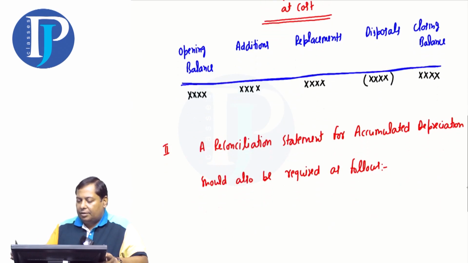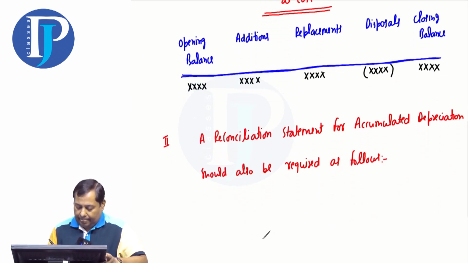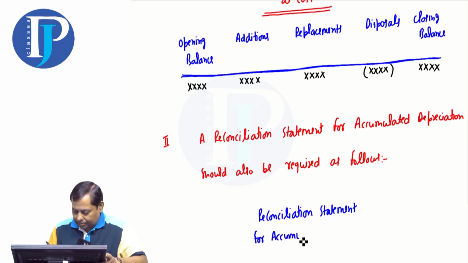So in notes to accounts, you have to tell depreciation. Statement showing reconciliation statement for accumulated depreciation.